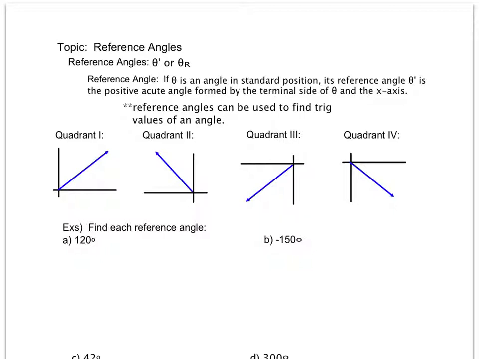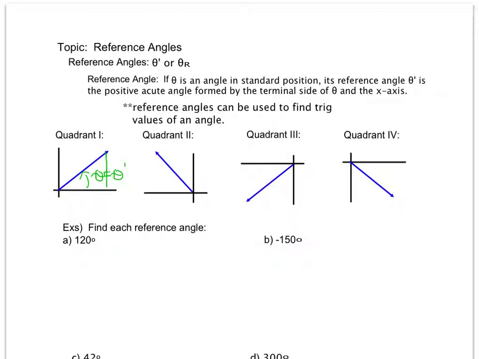So in quadrant 1, if this were my theta, notice that my theta forms an acute right triangle with the x-axis. So in quadrant 1, theta and theta prime, my reference angle, are going to be the same.